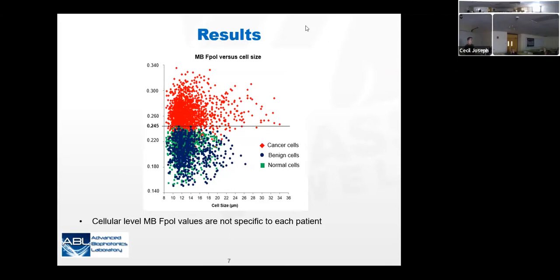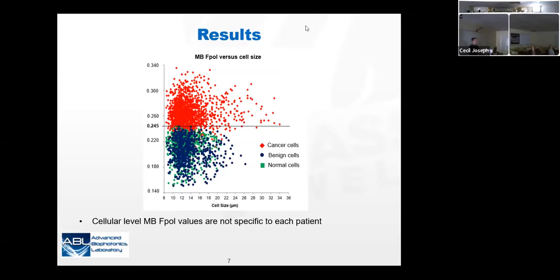It's an interesting question, because previous studies from the Advanced Biophotonics Lab indicate that cellular level fluorescence polarization measurements are sensitive to mitochondrial dysfunctions in cancer cells as they progress to malignant status. So I'm not sure you would expect clear delineation versus some gradient as the cells become more malignant. We didn't look at that.